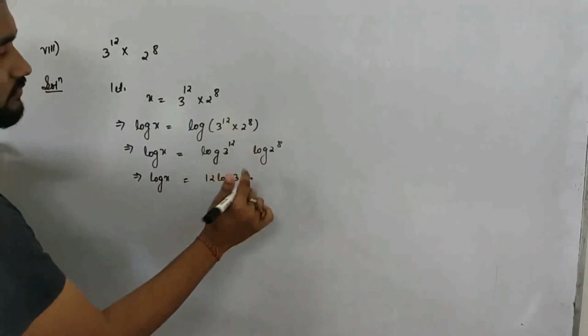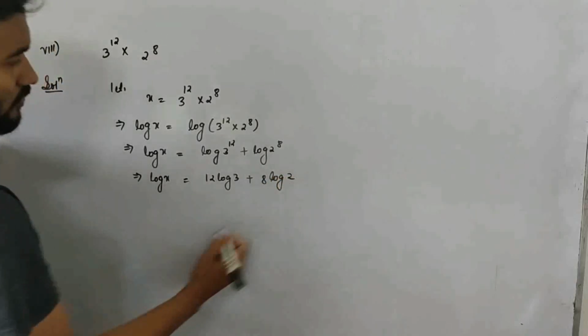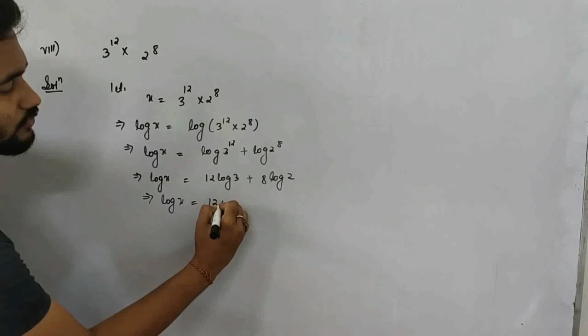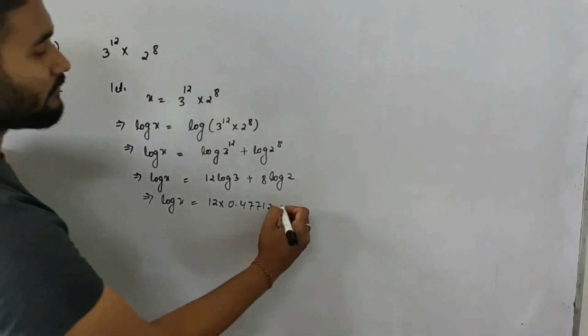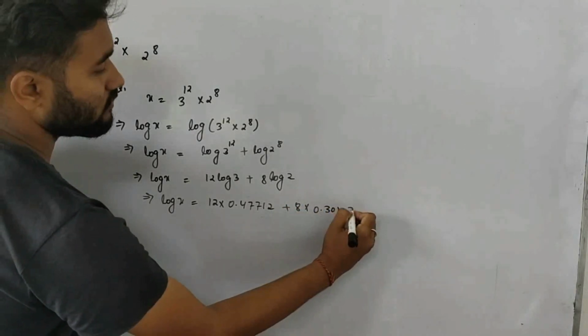Okay, not into, sorry, plus. So log of x will be equal to 12 into 0.47712, the value of log 3, which will be given in the question, plus 8 into 0.30103.